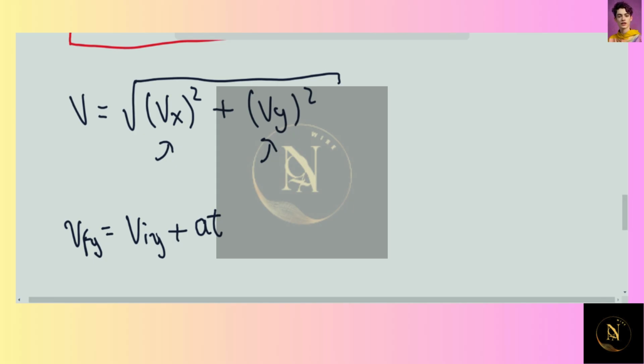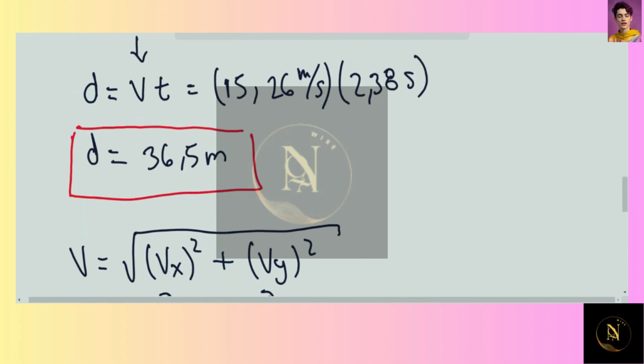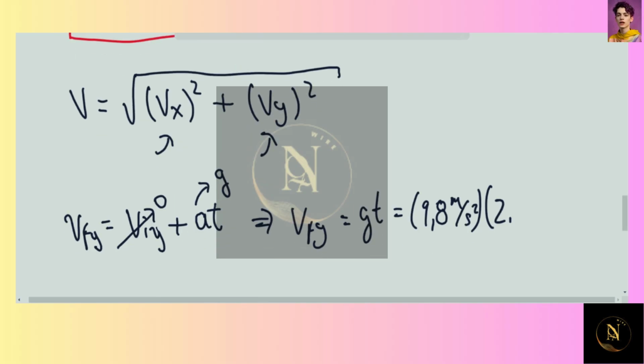So we know that the initial velocity is 0, and the acceleration corresponds to the acceleration due to gravity, so that the final velocity in the y component is just this, which is 9.8 meters per second squared times the time it takes to get to the ground, which is 2.38 seconds.